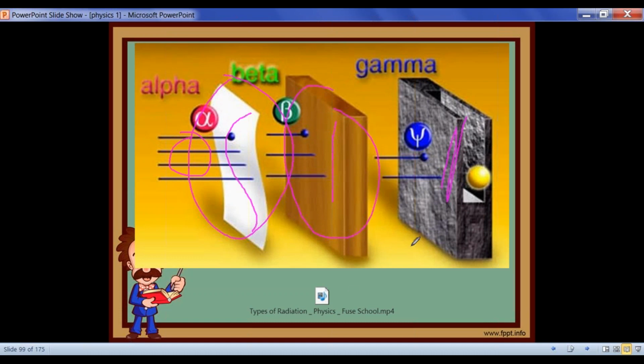Then, sa gamma po natin, dahil highly penetrating po siya, it can penetrate both the paper and the aluminum, and it can only be stopped by a piece of lead.